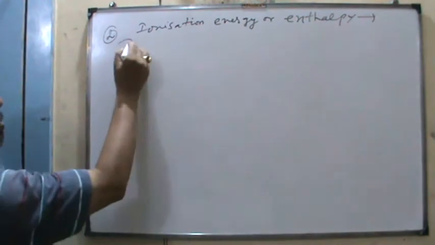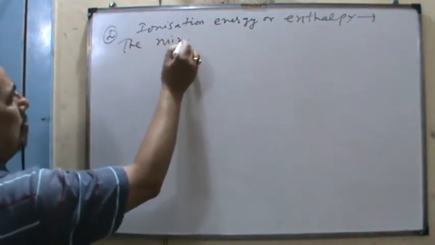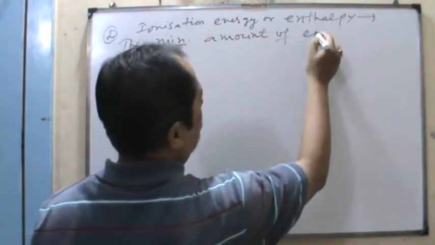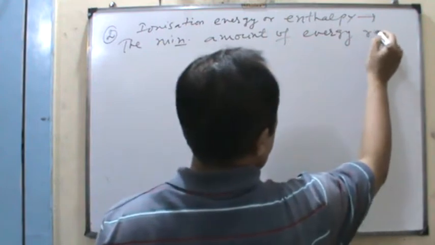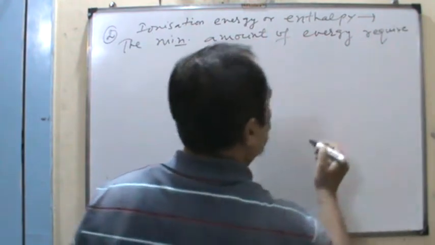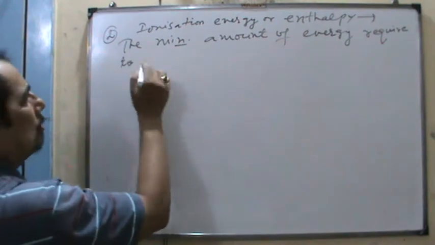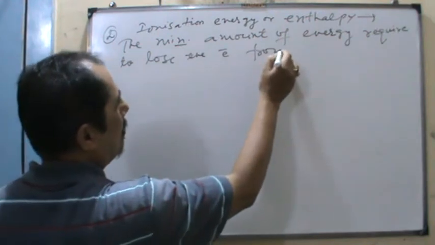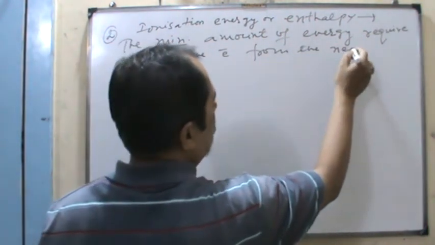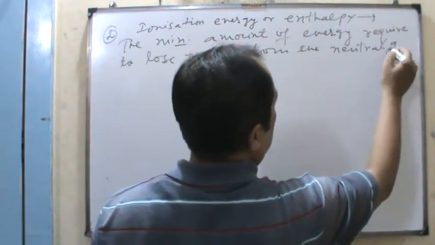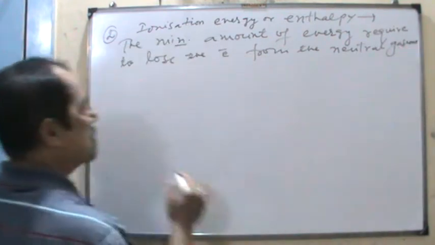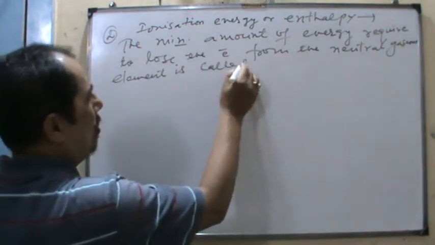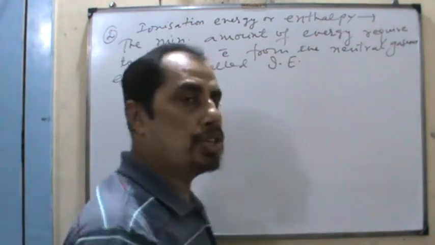The minimum amount of energy required to lose the electrons from the neutral gaseous element is called ionization energy.